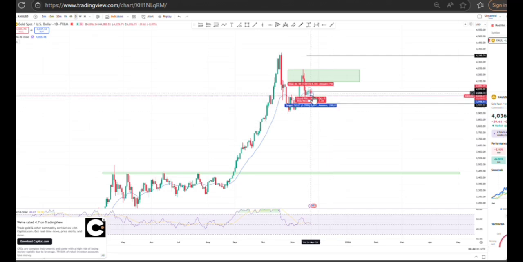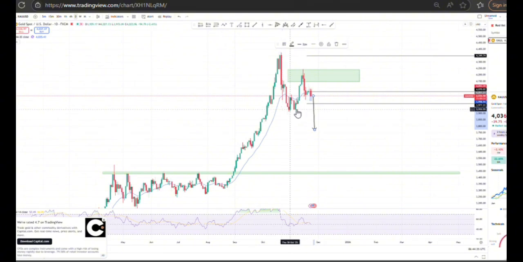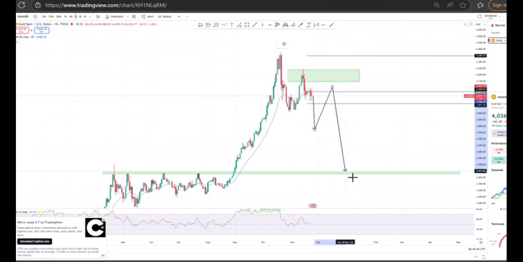So if it sells down on the daily time frame, breaking this structure here to the downside, and then coming to form a lower high, all right, then we may say we are up for a bearish run.